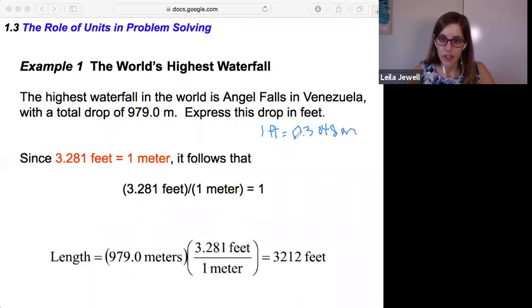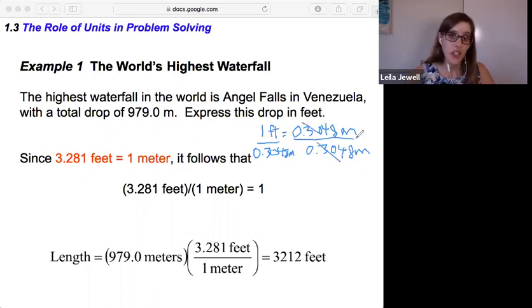And if I divide both sides by 0.3048 meters, then on the right, the numbers will cancel, and the units of meters, we can treat them like algebraic quantities, so they'll divide out too. So on the right, we'll have 1. And on the left, if you divide this out, you will get 3.281.